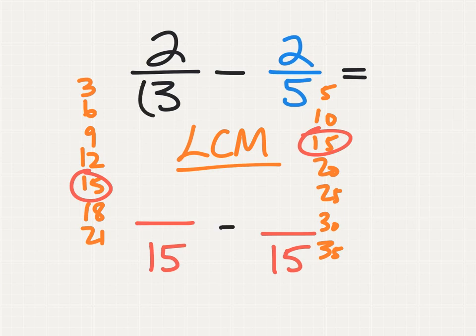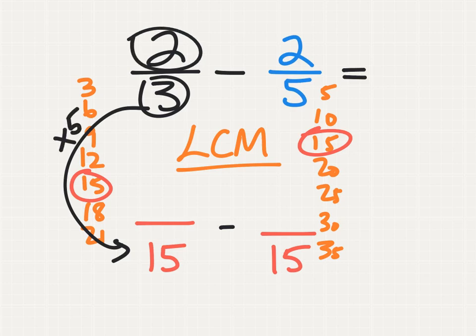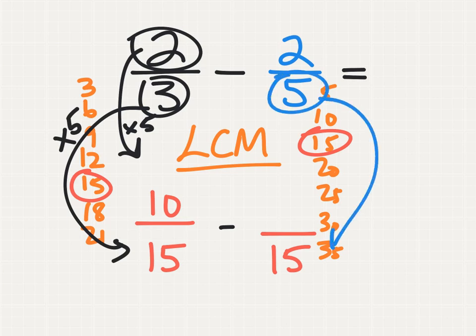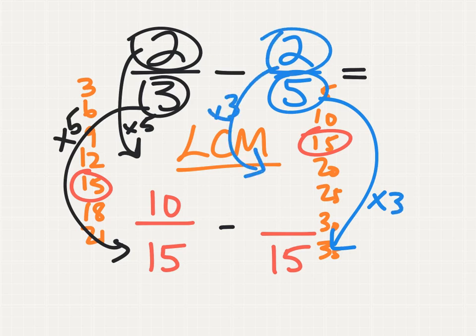How did I make 3 into 15? I multiplied it by 5. So what am I going to do to 2? I'm going to multiply that by 5 as well. And so 2 will become 10. How did I make 5 into 15? I multiplied by 3. So what am I going to do to the 2? The same thing. And 2 times 3 is 6.